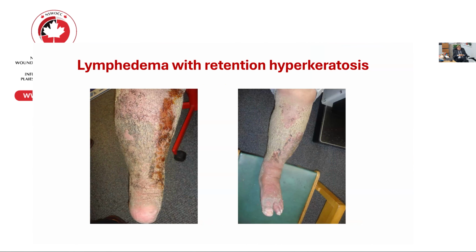Next one. This is lymphedema with retention hyperkeratosis. And this kind of scale, if you hydrate it, you can much more easily remove it. You shouldn't really sit there with a blade or a curette and try to take it off, but just hydrating this will allow the scale to come off.